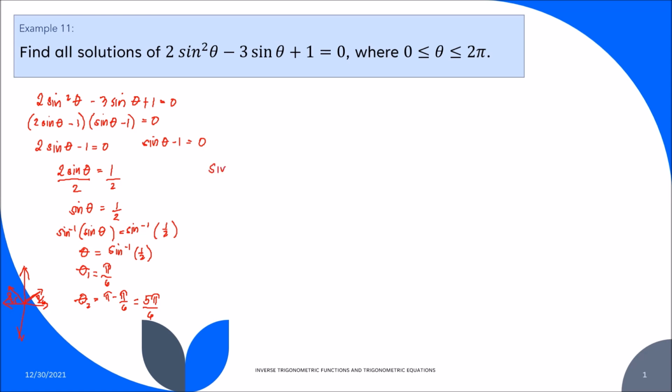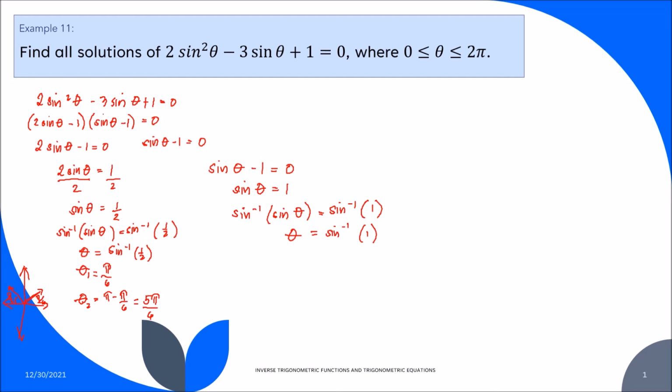Now for sine theta minus 1 equals 0, we transpose negative 1 to the other side, so we will have sine theta equals 1. Now we apply the inverse property in order to get theta, so theta is equal to the inverse sine of 1.